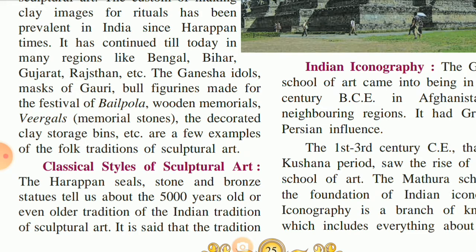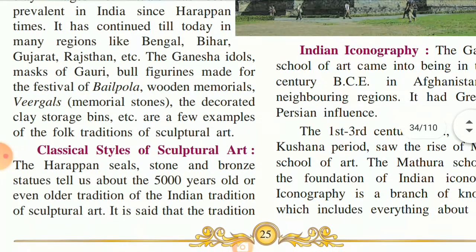The Harappan seals, stone and bronze statues tell us about a 5000-year-old or even older tradition of Indian sculptural art. So we can go back more than 5000 years, and ever since these sculptures were discovered, they were carving them out.